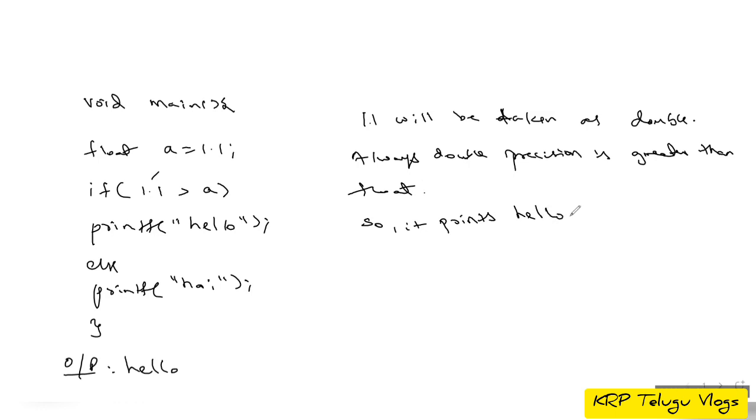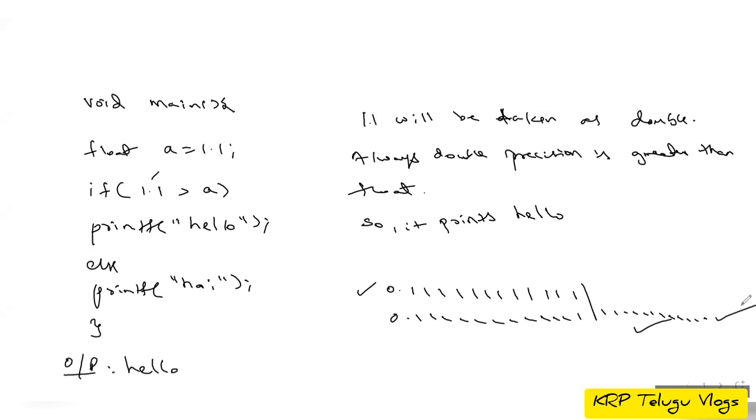For example, double will have 8 bytes of memory. So in memory, how will the bits get stored? 0.11111111. Float will stop somewhere at this point, but double will keep going; there are still many bits. It keeps going till 8 bytes, while float stops at 4 bytes.